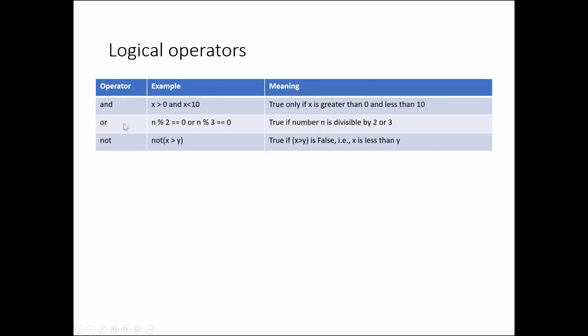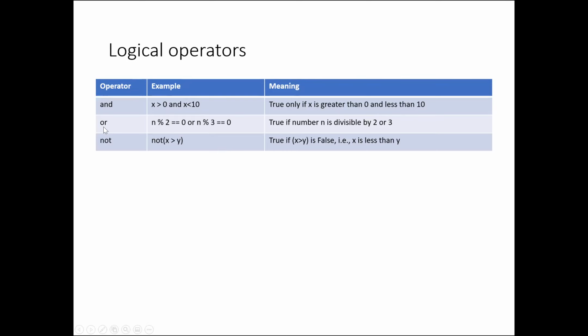For example, here, if you want to check that a particular value x is between 0 and 10, this is the way we can put it. We check whether x is greater than 0, and whether x is less than 10. With the AND operator, we are expecting x to be greater than 0 as well as less than 10. That means it's between 0 and 10.